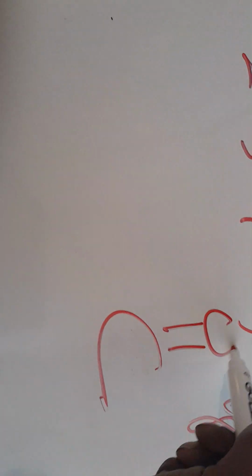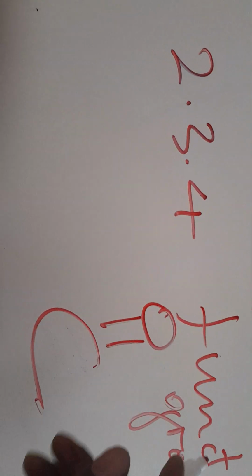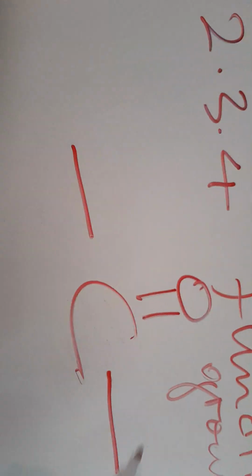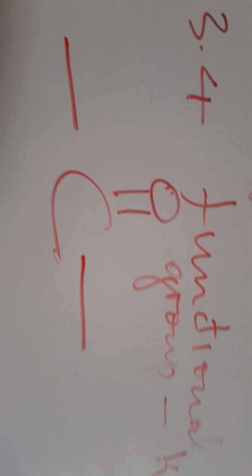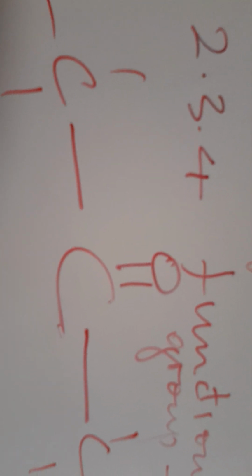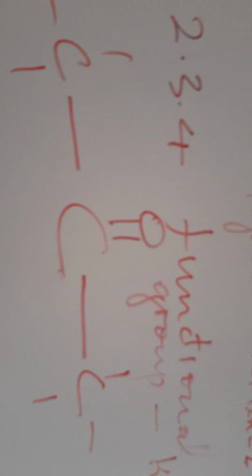You are going to show that you have a carbonyl connection there. So for the functional group, the structure, you're going to have the other two carbons there. You can either leave it as C, but do not complete with OH, because now it won't be a functional group anymore.